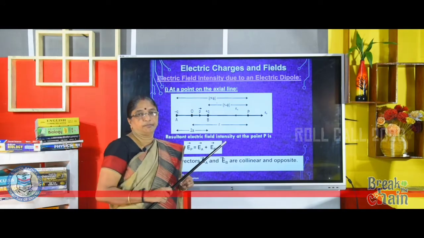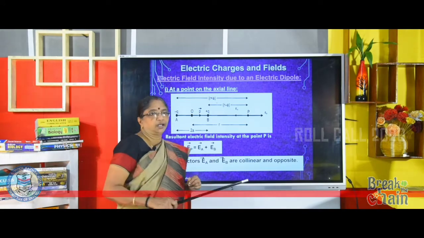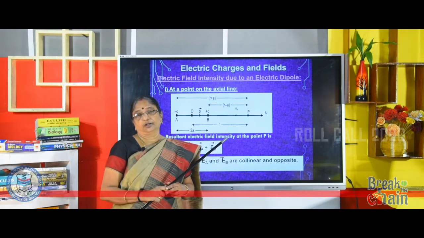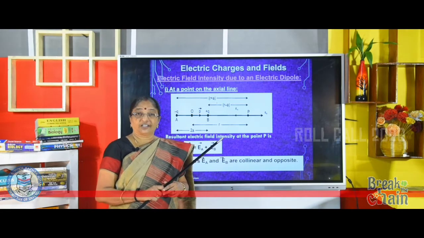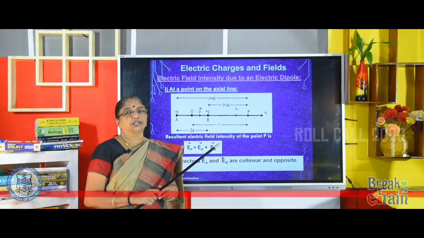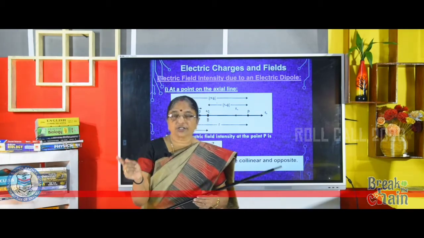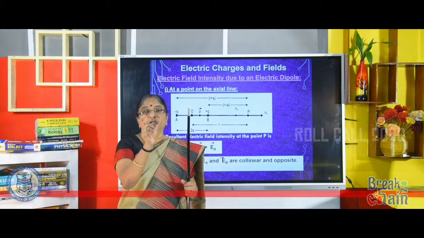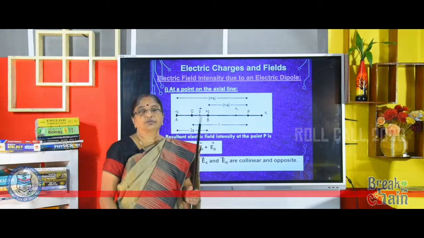See the figure? Vector EA and vector EB are collinear and opposite. And as studied in vectors, if the two vectors are opposite in direction, the magnitude of the resultant is the difference between the magnitudes of the two.